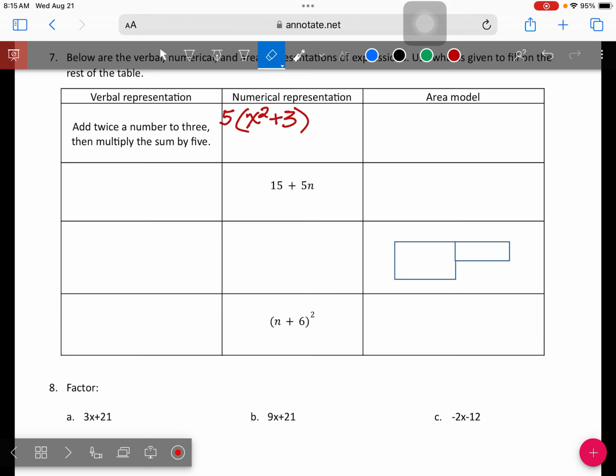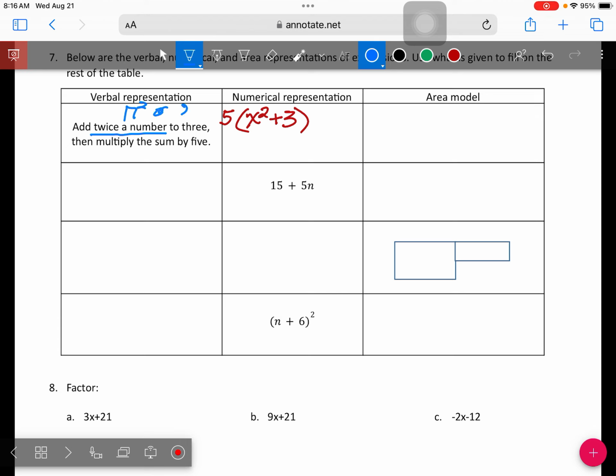Do you agree with that expression or not? There's a lot of good things in there, but there's one small thing that's not quite right. What's not quite right here? Yeah. When you say twice a number. So how old are you? 17. So if I say twice your age, is that going to be 17 squared?